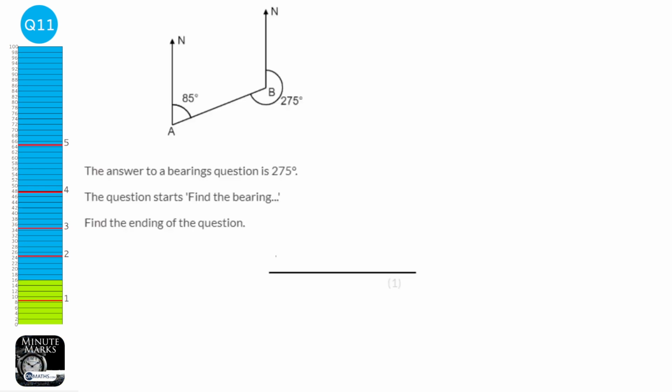Bearings questions are normally written as find the bearing of destination from a location. So you can see in this question here that the answer is 275. So the line they're taking it from is this line here, this north line, and they're looking at this bearing here.